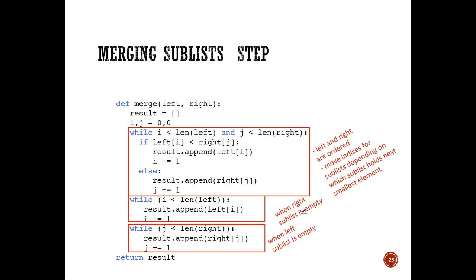When the right sublist is empty, we just append the remaining from the left, or if the left sublist becomes empty, we append the right list to the result. And here we check whether the element in the left sublist is smaller, we append it to the result, else we append the element from the right sublist.